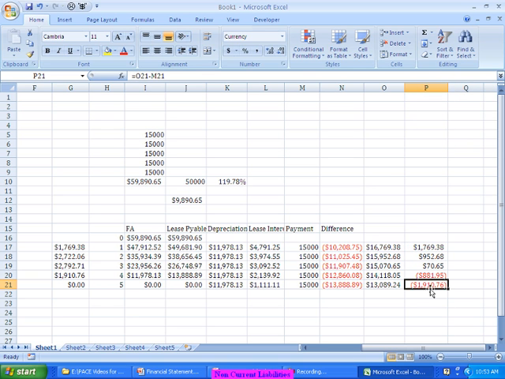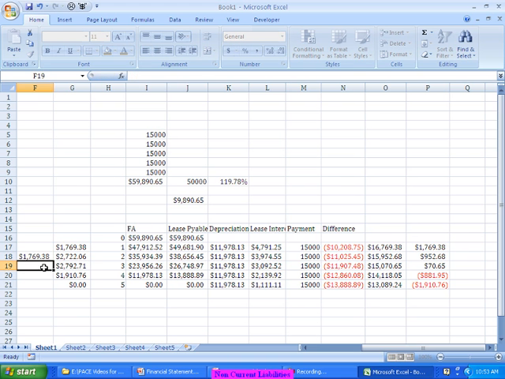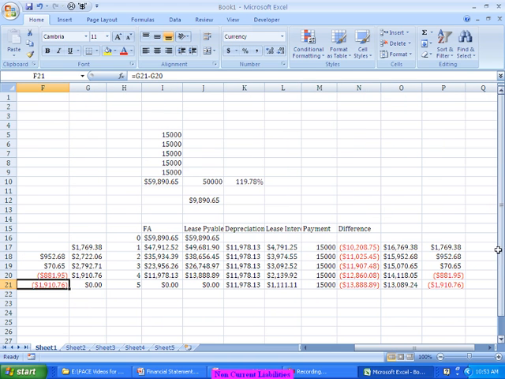You see here, if you look at the differences each of the years, this will exactly match up to these numbers. So that is the adjustment that is coming up as a part of the liabilities.